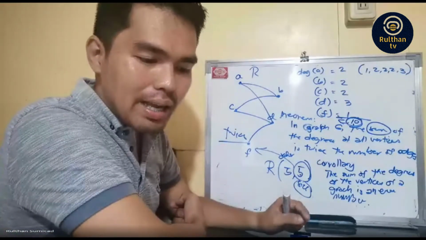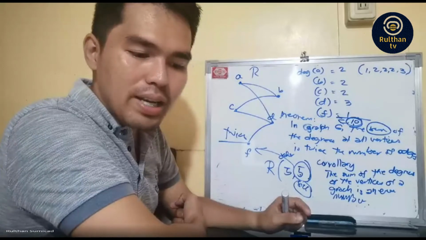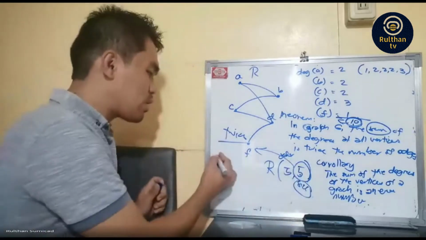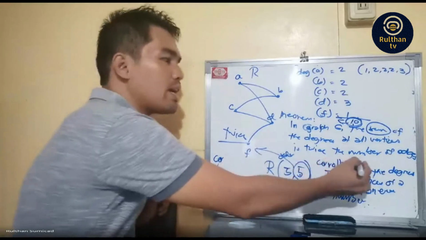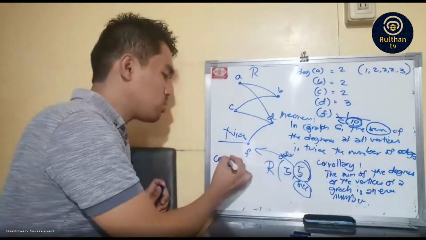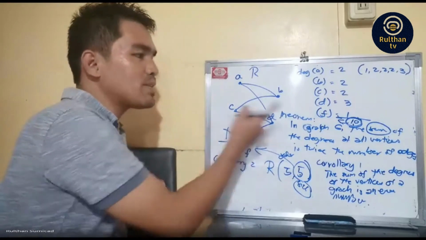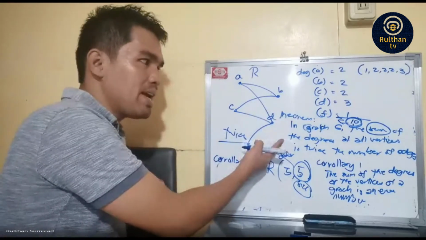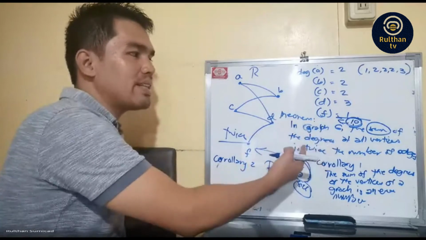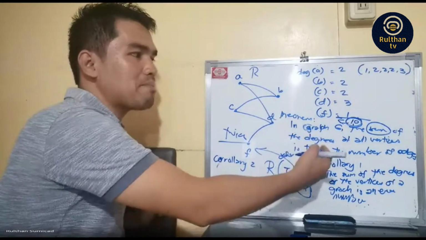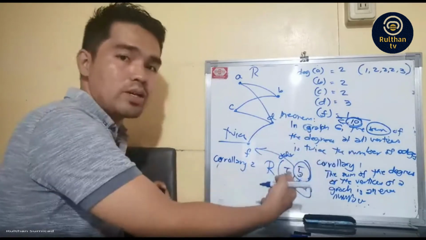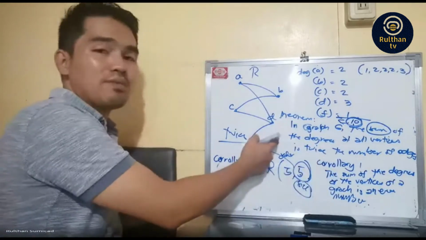Another corollary. In a graph G, the number of odd degrees is even. This is corollary 1, corollary 2. Corollary 2 is still an extension of this theorem. Since the sum of the degrees of all the vertices is twice the number of edges, we have these two corollaries, or two true statements, as an effect of this statement.